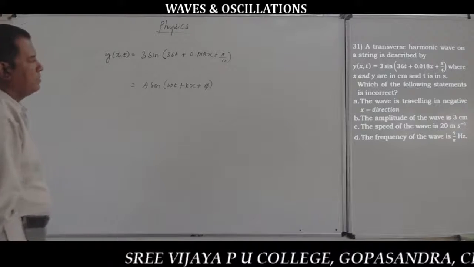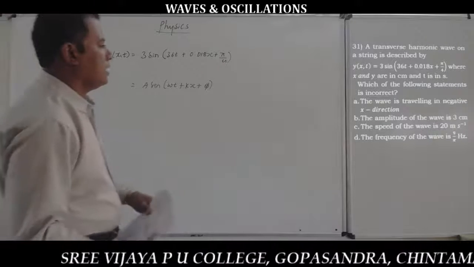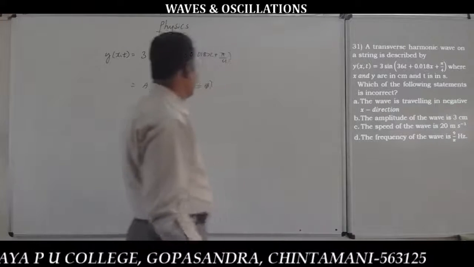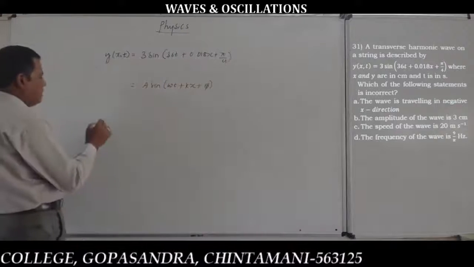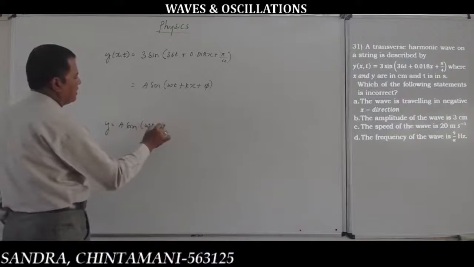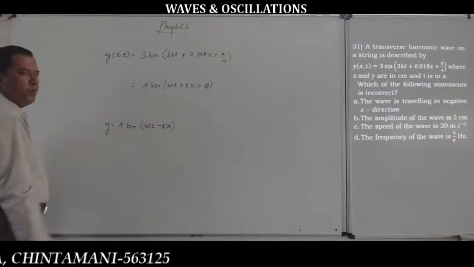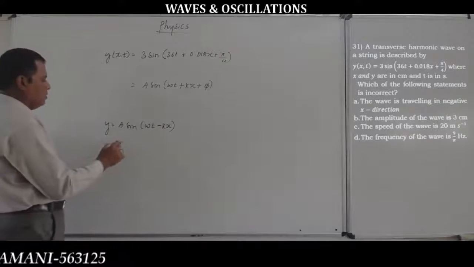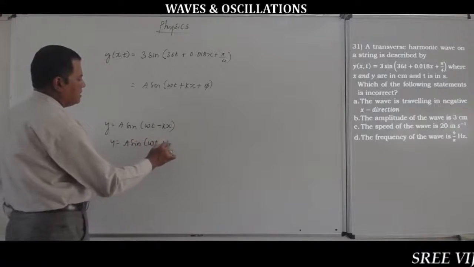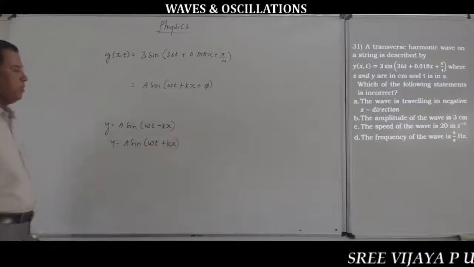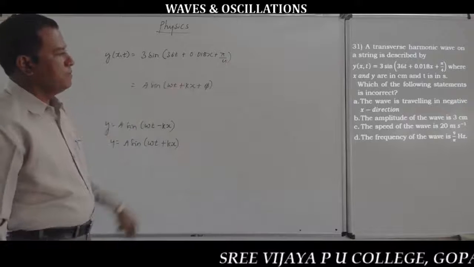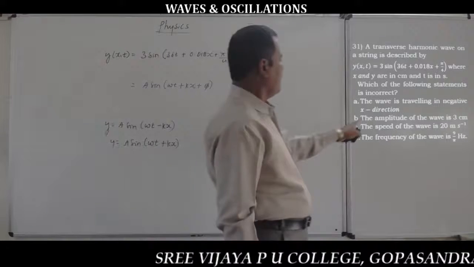When you compare this with the standard relation, the wave is traveling in negative x direction. Generally, y is equal to a sin(omega t minus kx) is along positive x direction, and y is equal to a sin(omega t plus kx) is along negative x direction. Since you have plus here, the wave is traveling in negative x direction.